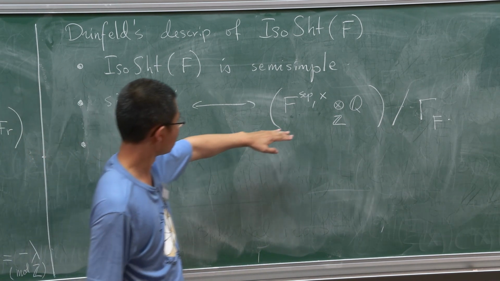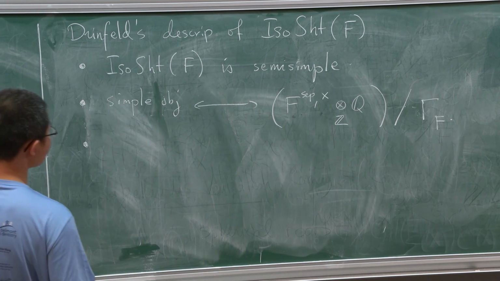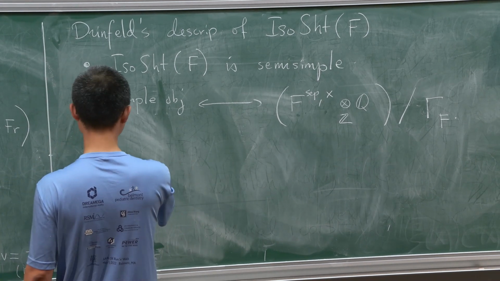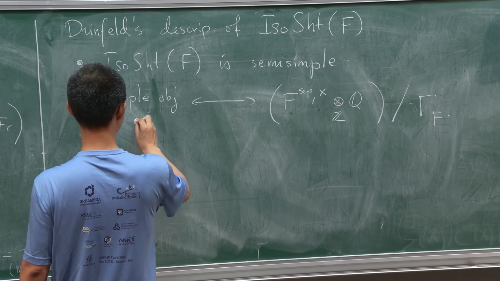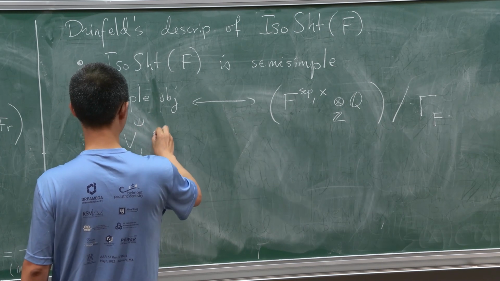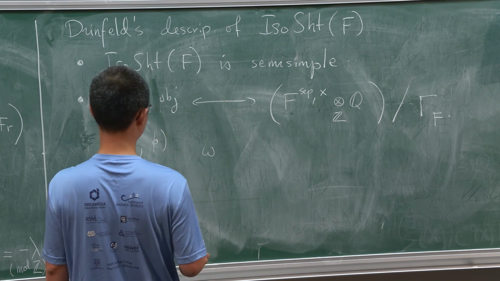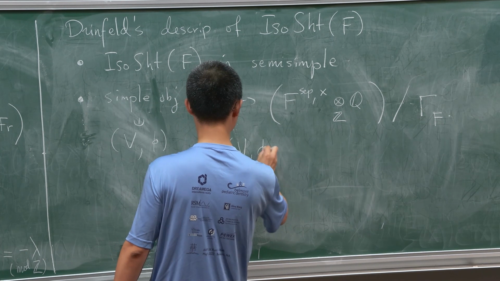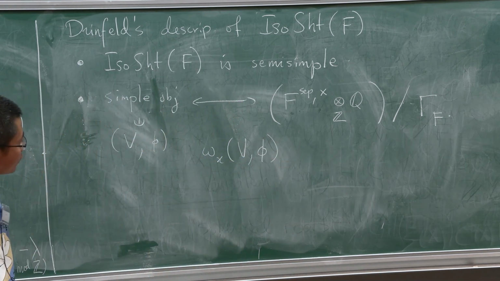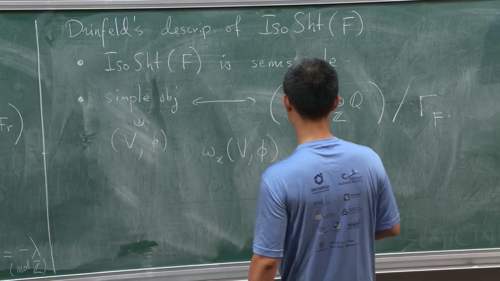And now you can see the relation with the isocrystals. So if this is a simple object, (V, phi), then localize it, you get an isocrystal. And this, in general, will not be simple.